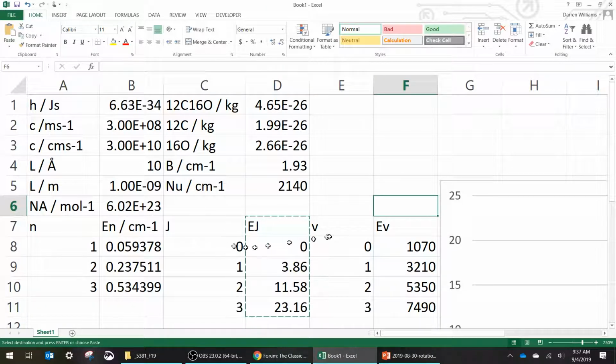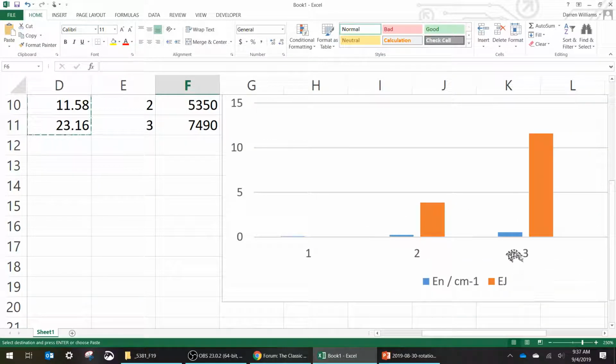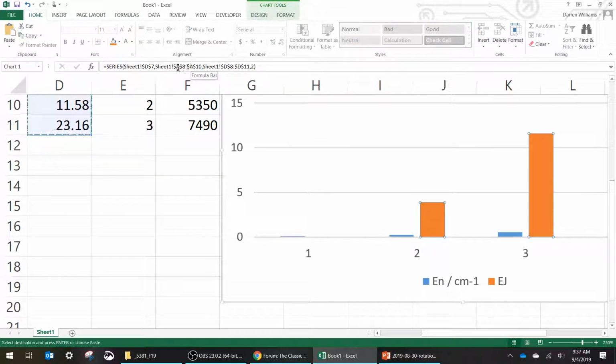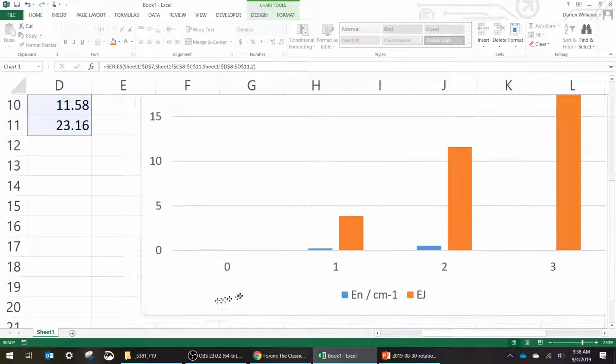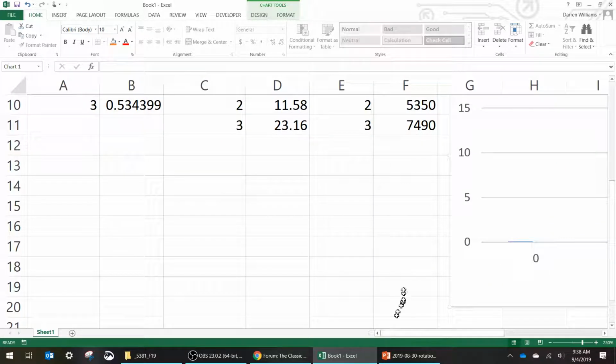So if you're going to plot on the same plot, you're going to have to change the 0 to 1. We'll see. Okay. Yeah, got it.